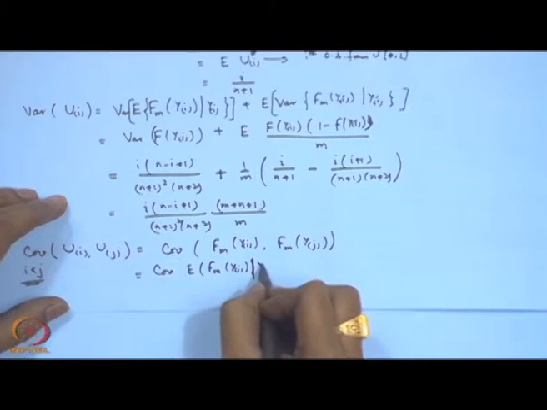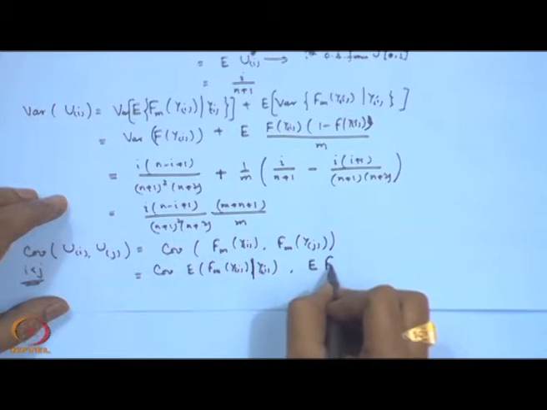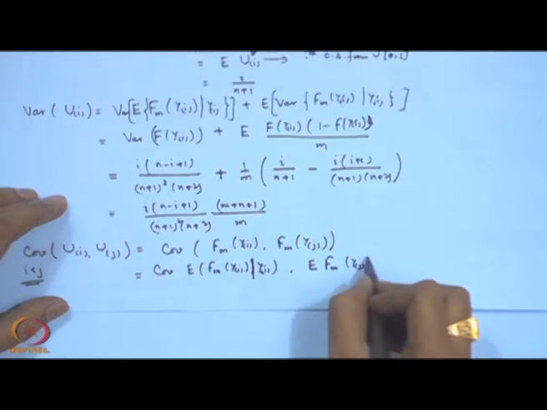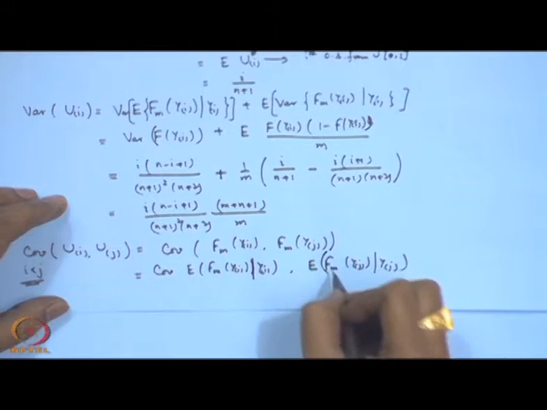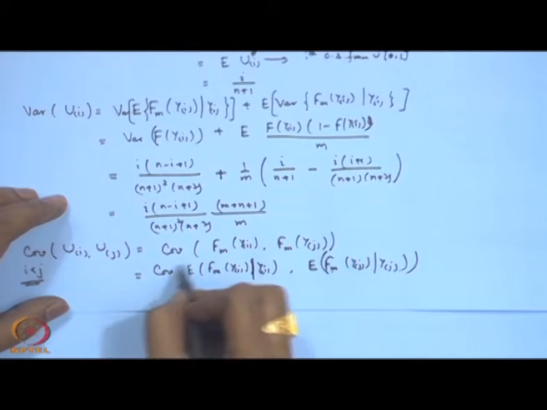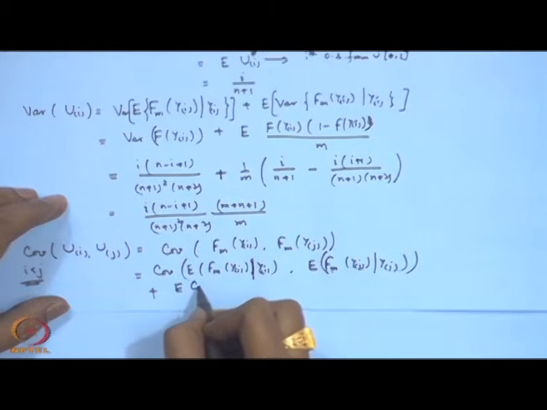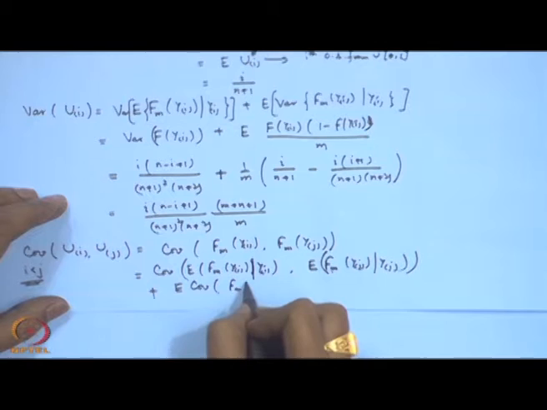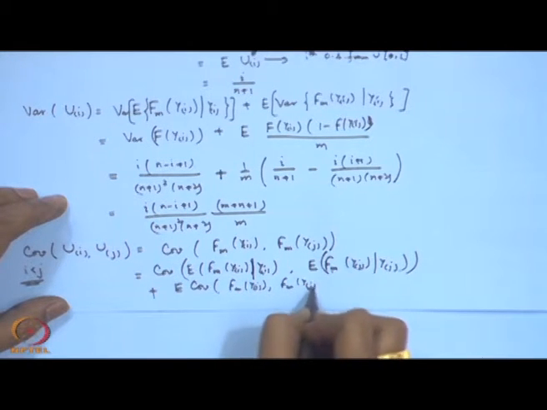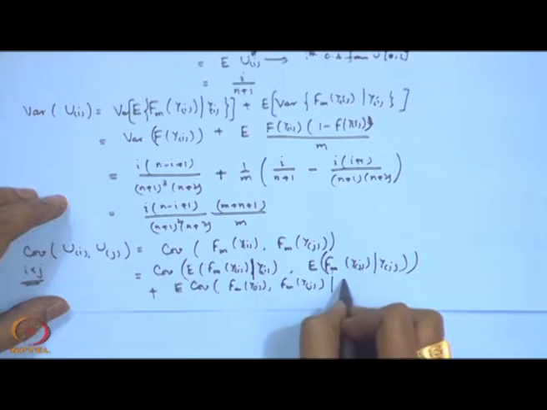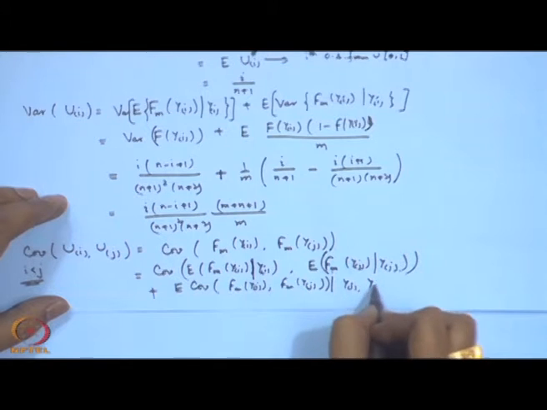So, this one will become the expectation of F_m(Y_i) given Y_i, and this one the expectation of F_m(Y_j) given Y_j, plus the expectation of the covariance between F_m(Y_i) and F_m(Y_j), given Y_i, Y_j.